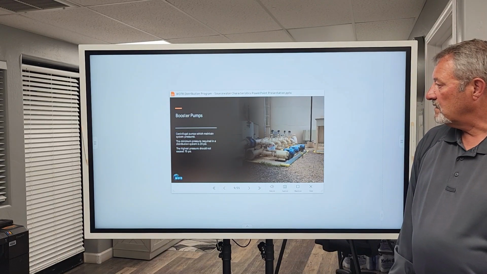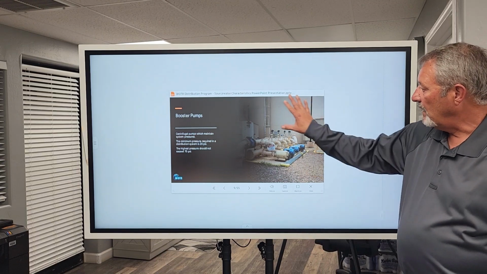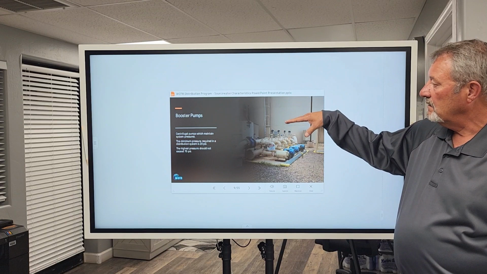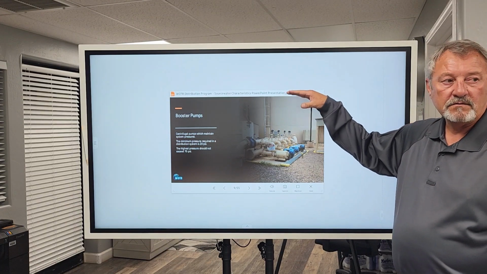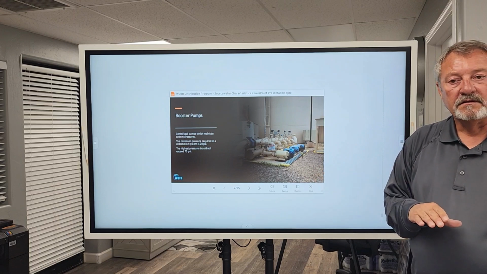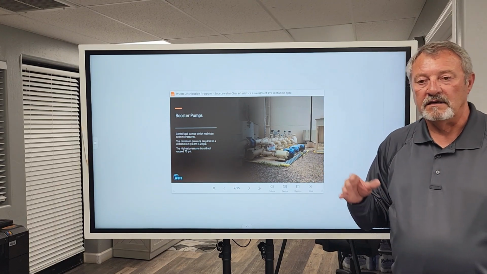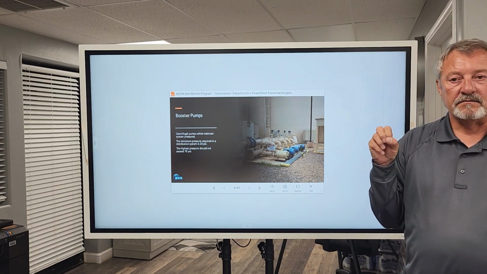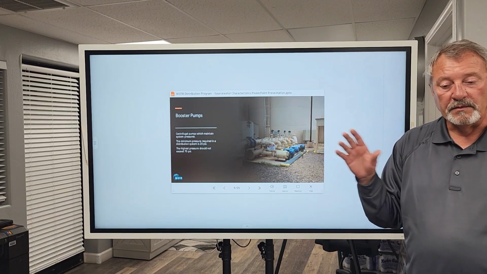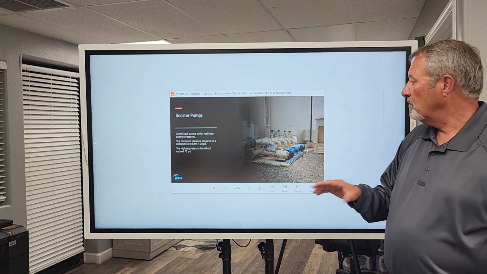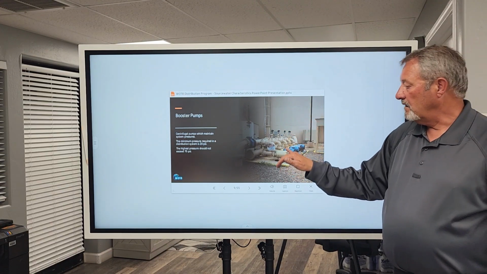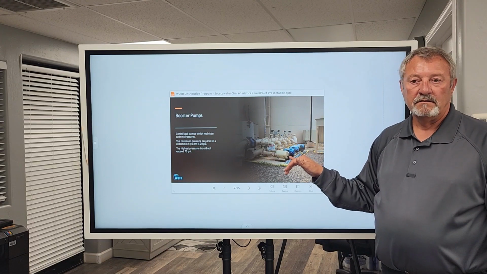Booster pumps. We were just talking about booster pumps here for a moment. So right here behind you, you see a ground storage tank. Our wells keep that ground storage tank at a certain level. In utilities where they're using surface water, they pull that water out of lakes and rivers. They take it to a water treatment plant. The water treatment plant treats the water and puts it in a ground storage tank. Nearby, you're going to have a booster pump station.